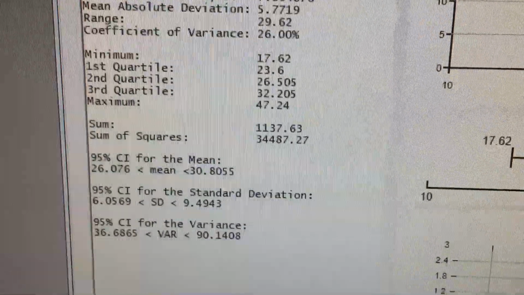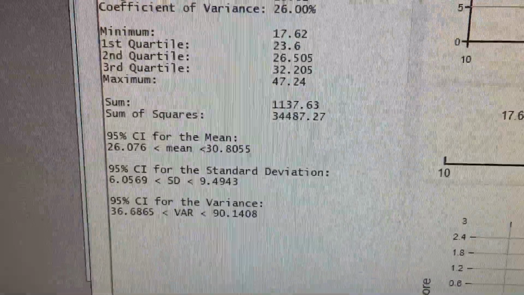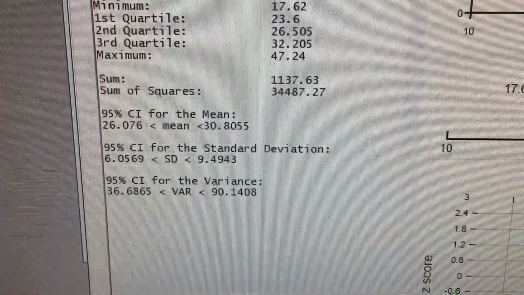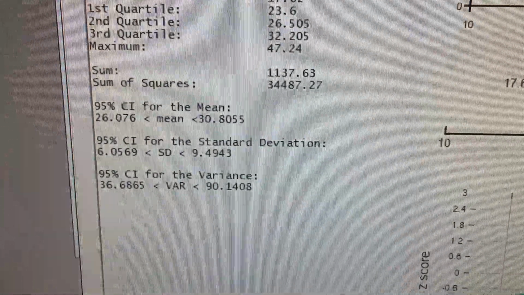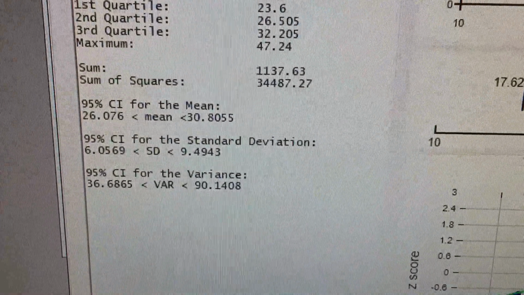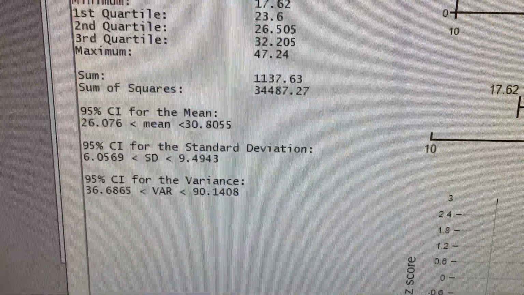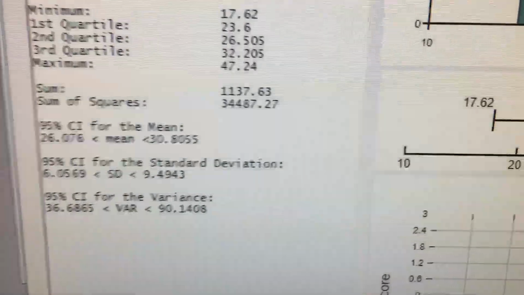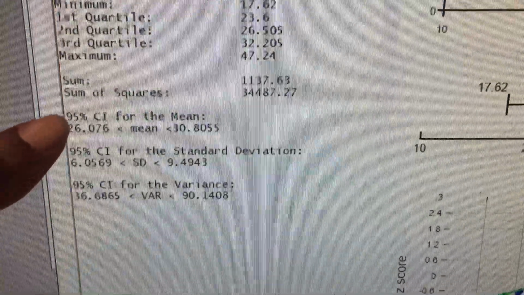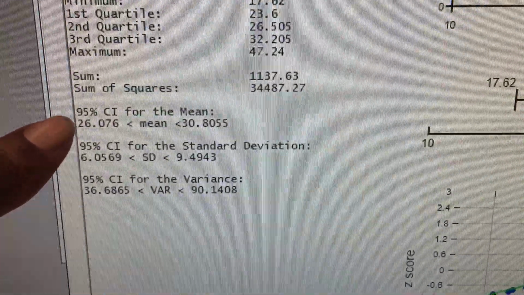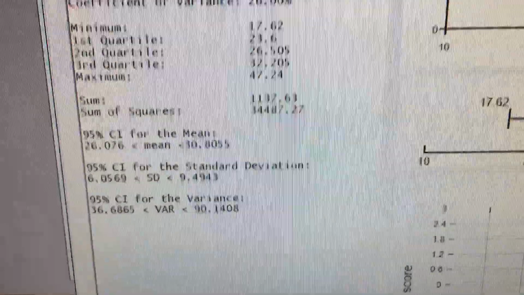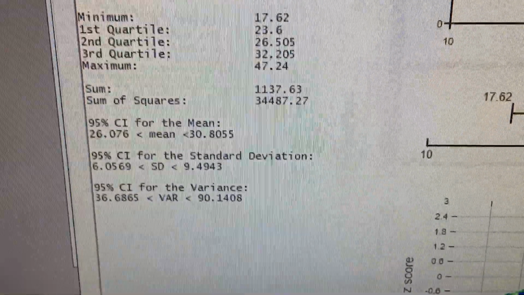For 95%, with 2 decimal places, the lower one is 26.08 and the upper one will be 30.81. That right there is your 95% confidence interval for the mean. They give you the 95% for the mean, for the standard deviation, and for the variance. We want the one for the mean.